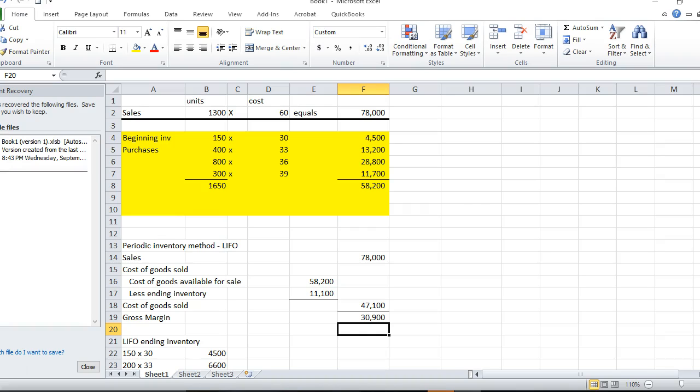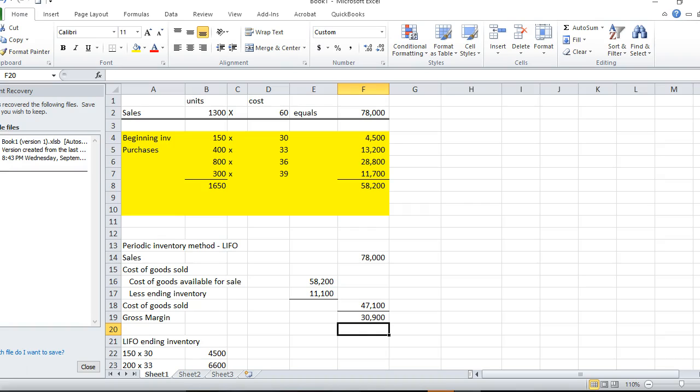Very good question. We use the 300 purchase in the calculation. The 1,300 got sold before the other one was purchased. But under this method, we don't care because we don't keep track of it.